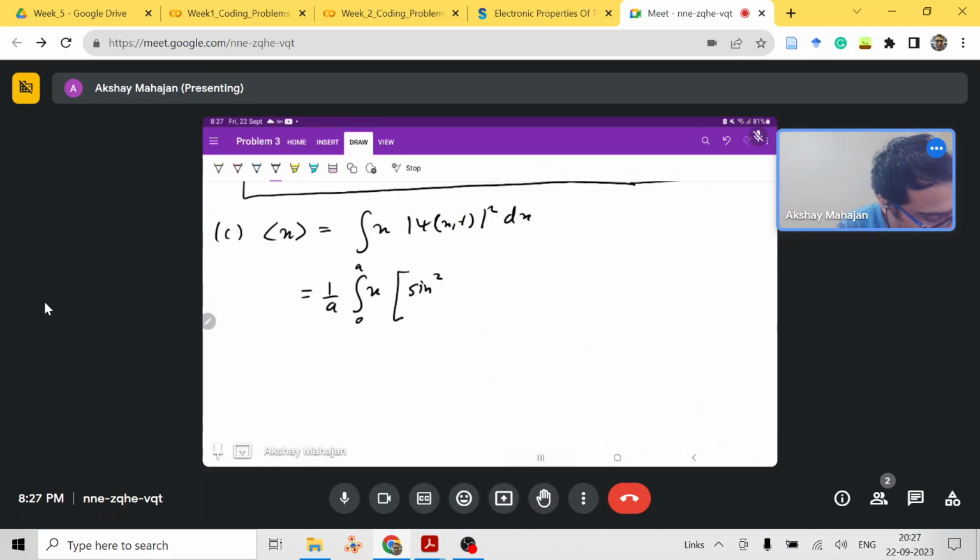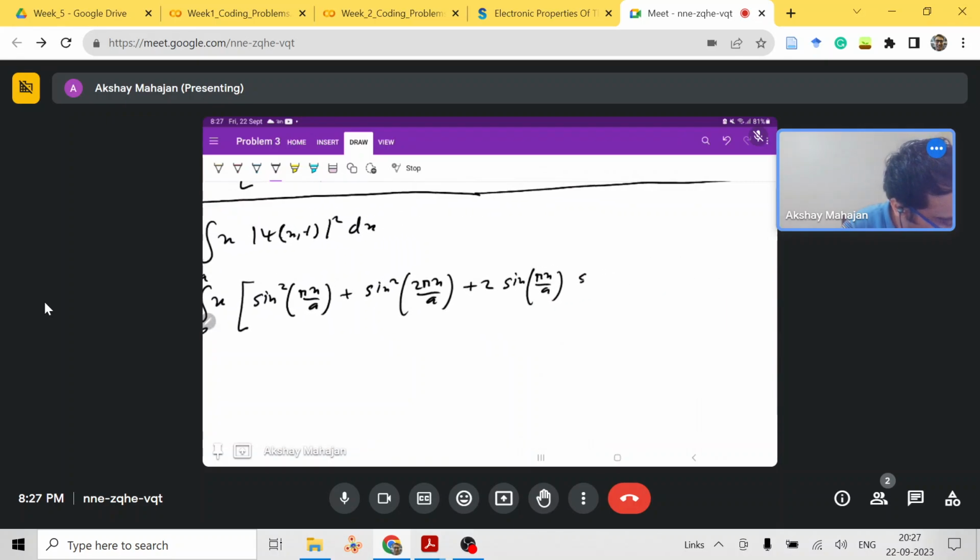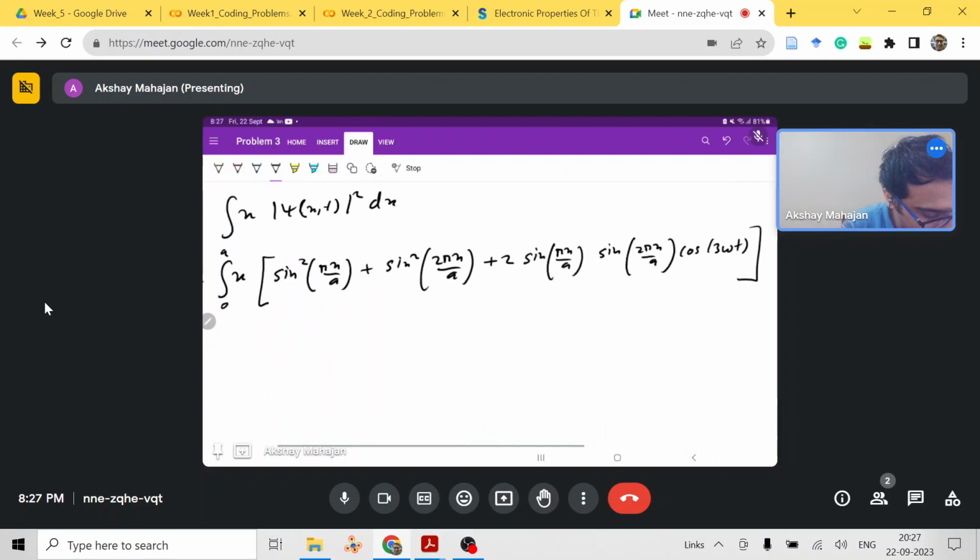It will be sine square pi x by a plus sine square 2 pi x by a plus 2 times sine of pi x by a sine of 2 pi x by a cos of 3 omega t, integration of dx.